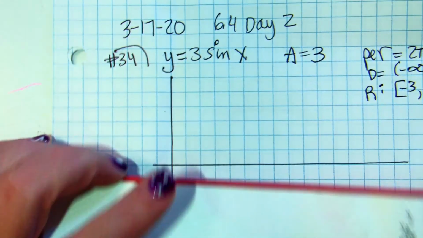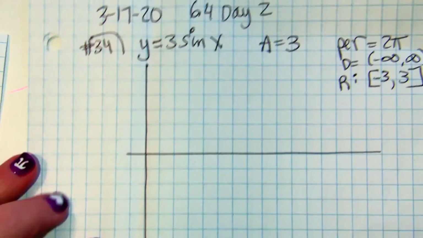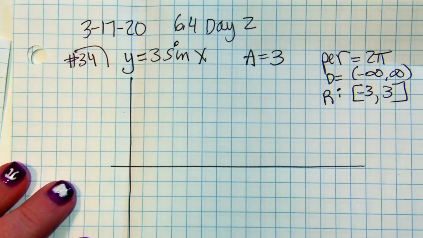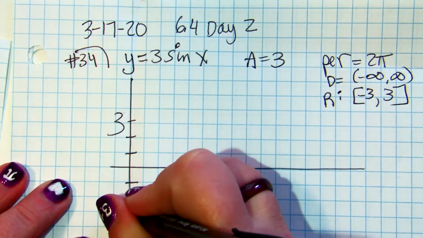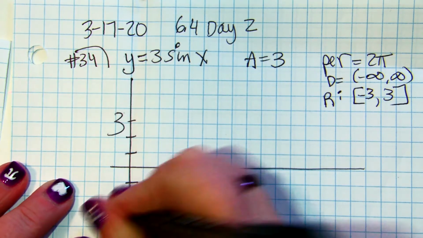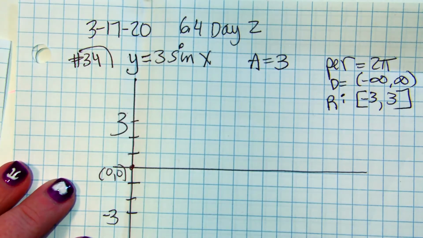We're going to do 2 periods of every graph. Okay, graph 2 periods or 2 cycles. We're going to go up to 3 and down to -3. So we start at 0, 0, and we label the 5 critical points on the graph.